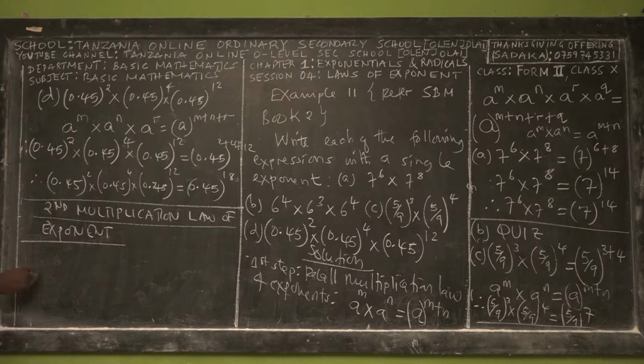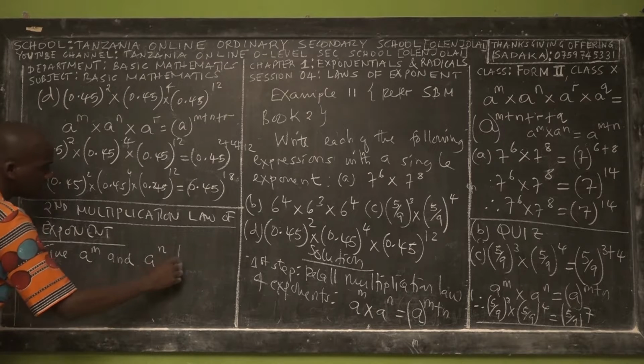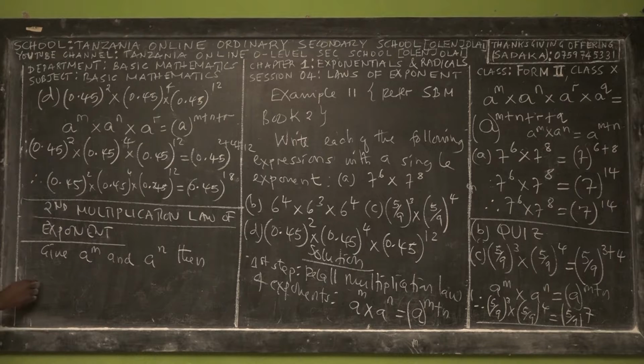So the second law, listen: given a power m and a power n, when you have a power m in brackets, then outside the bracket times n. The second multiplication law is that we have a first exponent in power form, then another exponent n outside of the bracket.